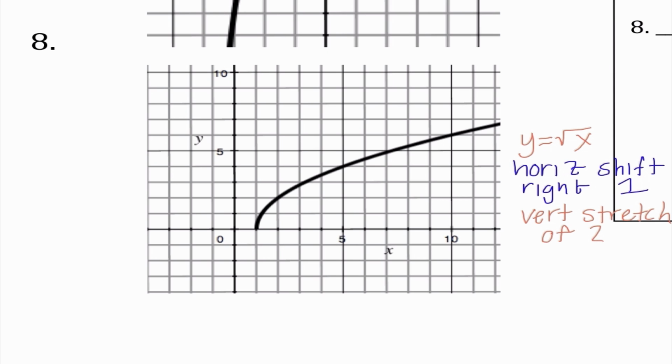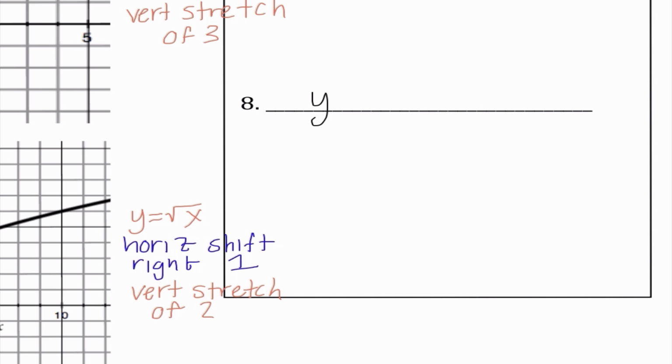So now we're going to take this info and write the equation. So I have y equals 2 times the square root of x minus 1. Okay, and just to review where all this stuff came from, the 2 was our vertical stretch. The horizontal shift to the right one, since it was the right, I did the opposite, and this minus 1 had to go inside the function because it was moving horizontally.